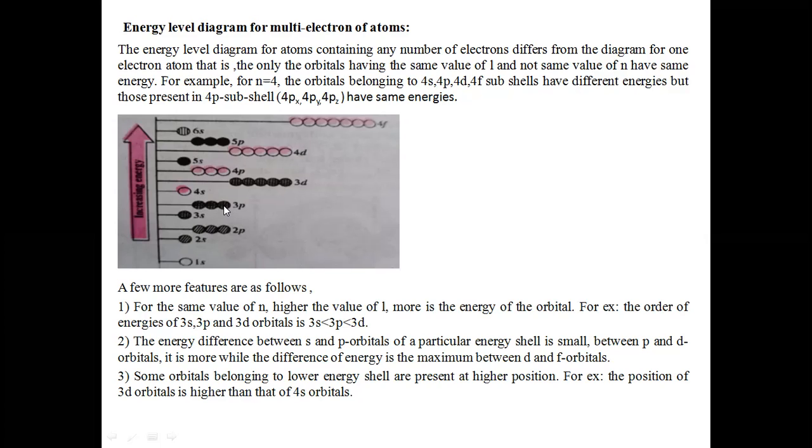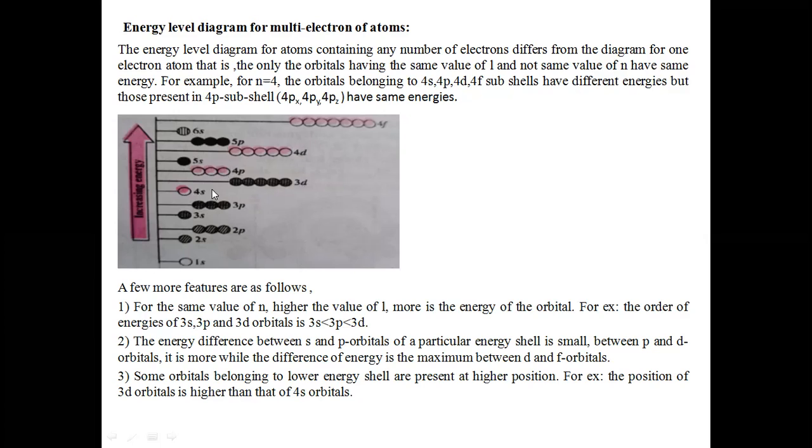The 3s, 3p, and 3d subshells have different energies, but the three orbitals in the p subshell have the same energies, and the five orbitals in the d subshell have the same energies.